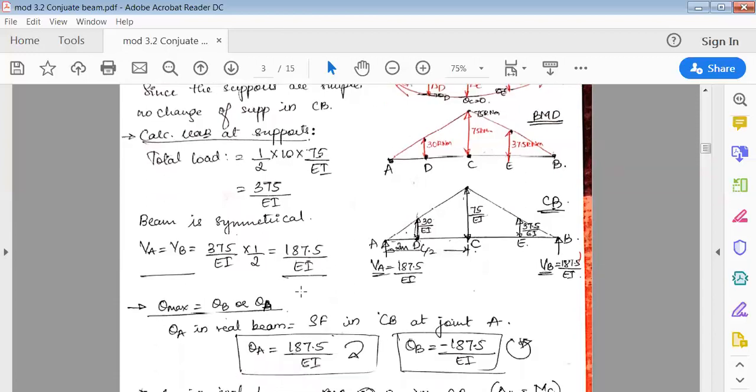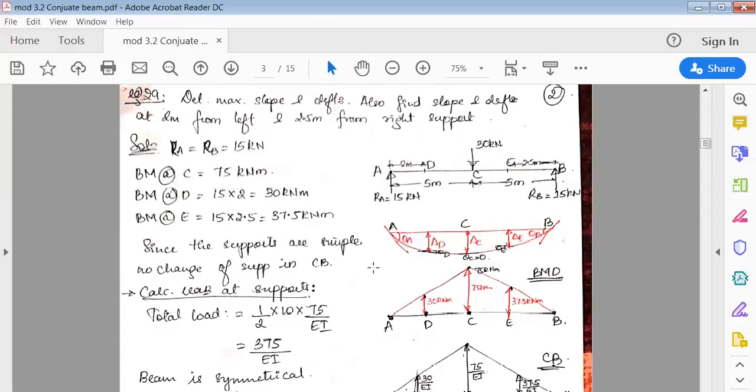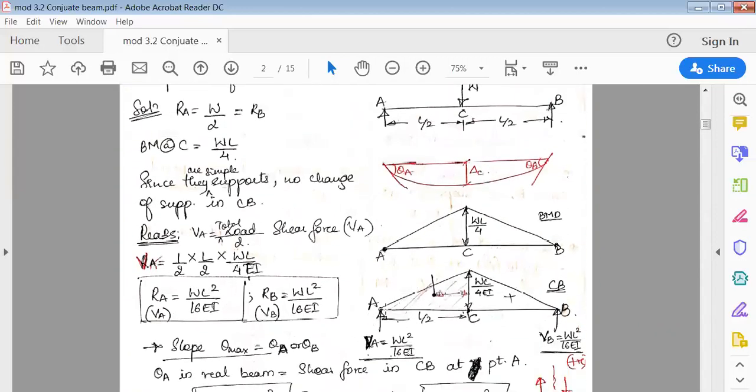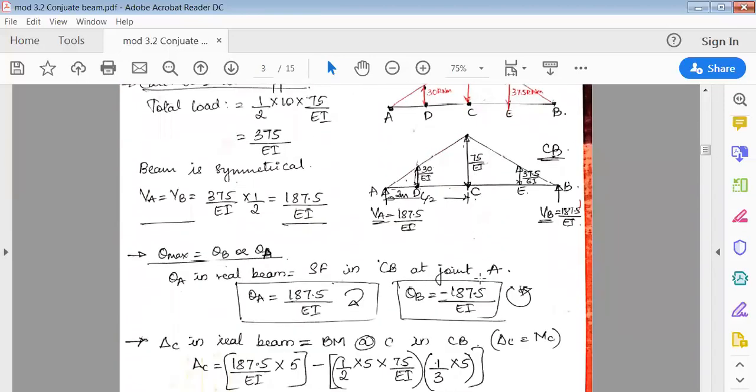After this, in the previous method, it is a little different. What we had done was take only this portion. This is one way to solve. We took half into base into height, only this portion, to find VA. This is another method to find it.